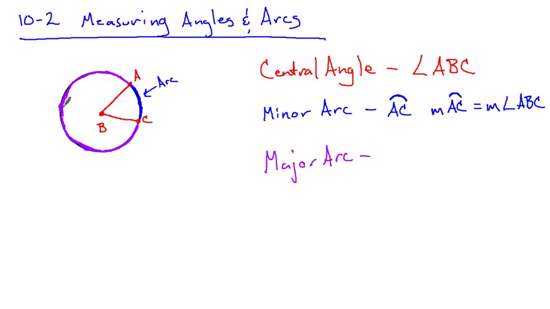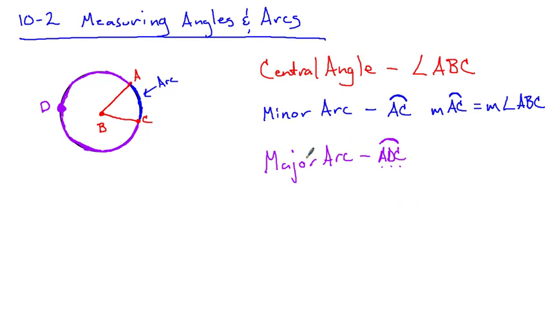What we need is a third point. So over here on this side, there would have to be some other point. So this would be point D. So the major arc is arc ADC. And we label it and name it by where it starts, what it goes through, and where it ends.